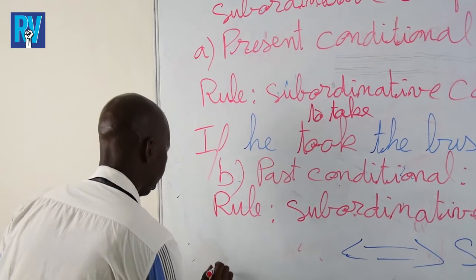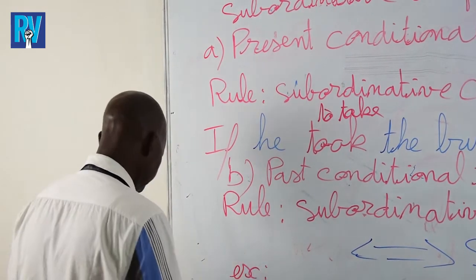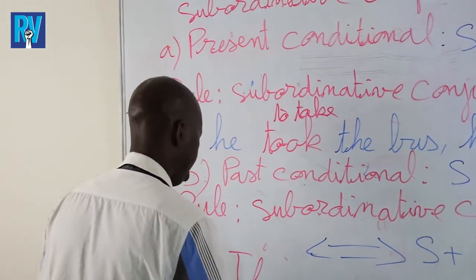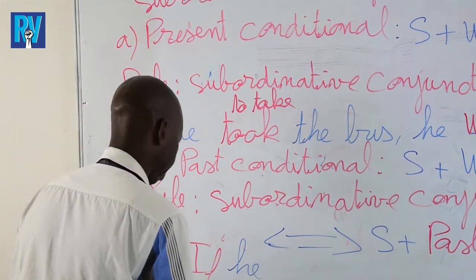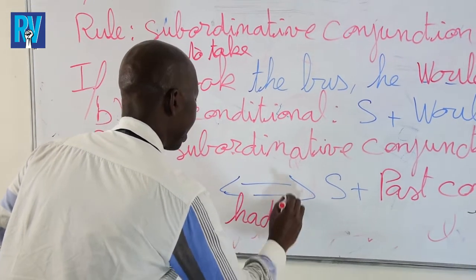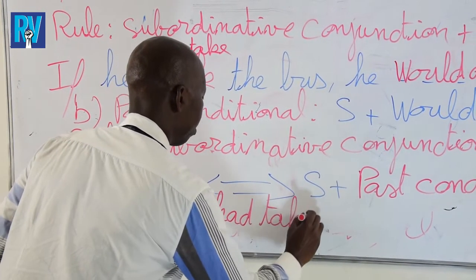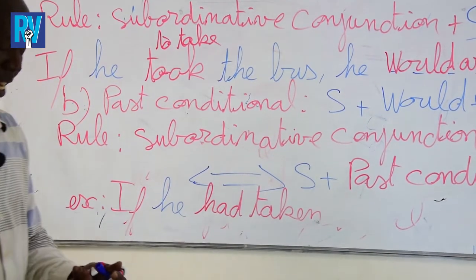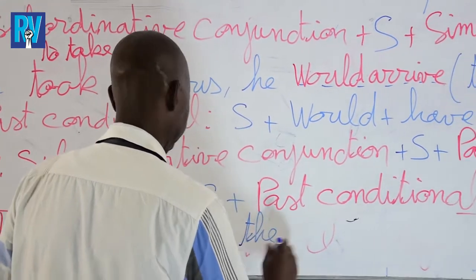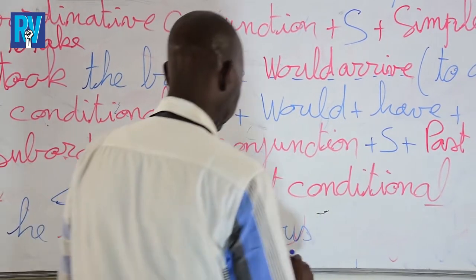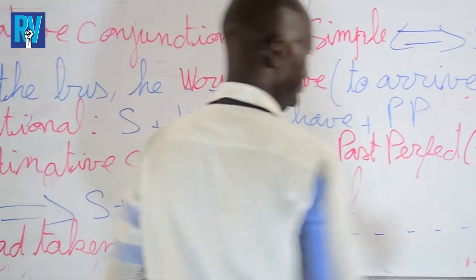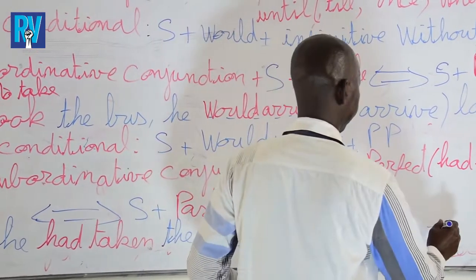Example. Let's have an example. If he had taken, so here we have the past perfect. If he had taken the bus, he, and we ask you to write the verb to arrive.